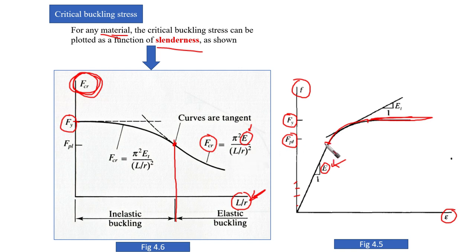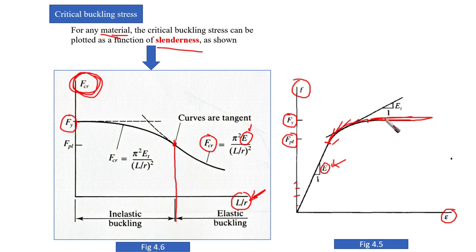But we found that whenever the load is increased and the stress exceeds this FPL, which is the proportional limit, until reaching F yield, E is going to be changing. So we need to find that E is what? Decreasing.